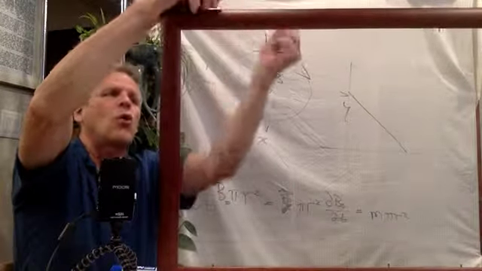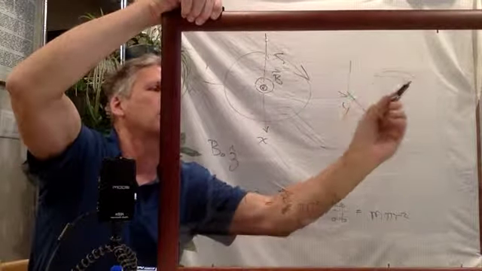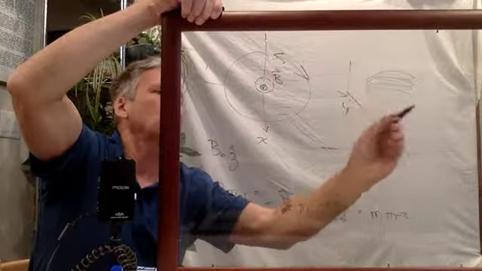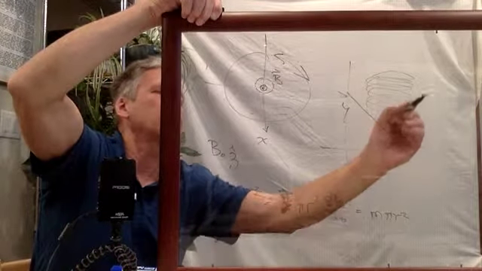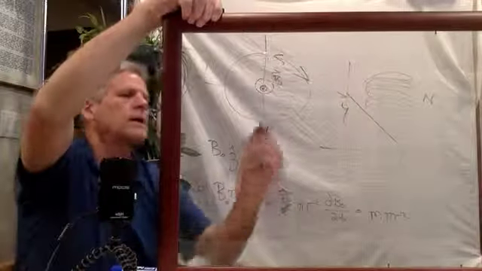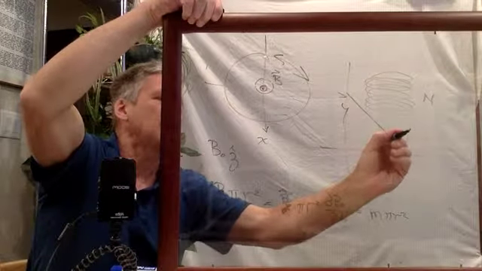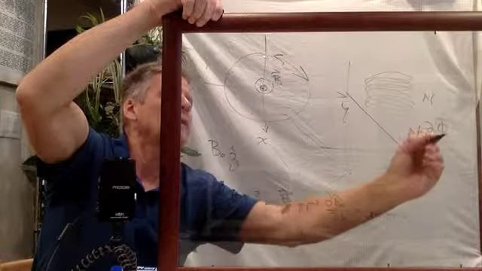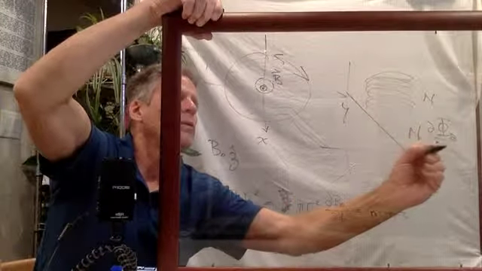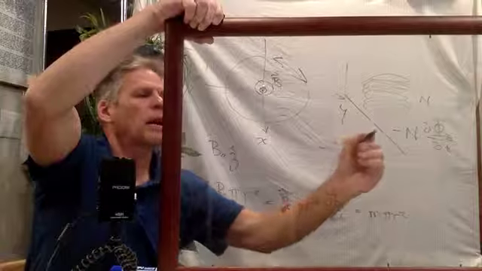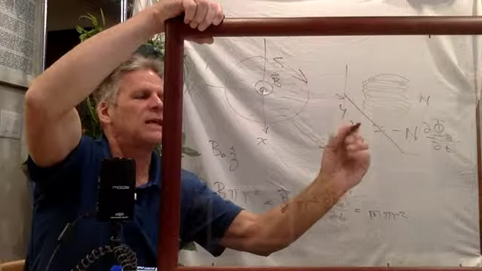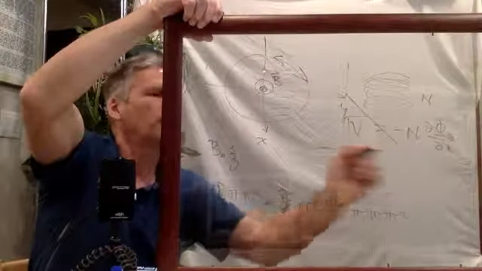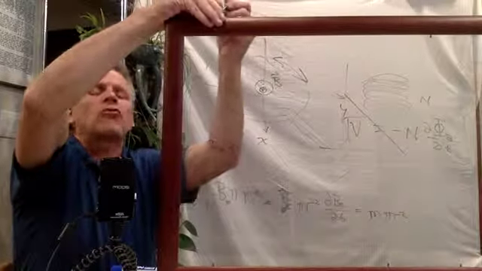So if you have a coil of wire that has n loops in it, then our potential difference will be n times the change in the magnetic flux per time. And that will be our V that is produced in this coil. And that's it. That's what I want you to get out of chapter 29.